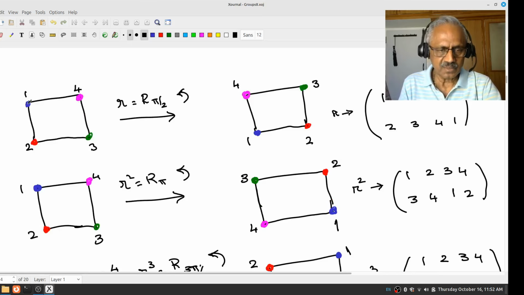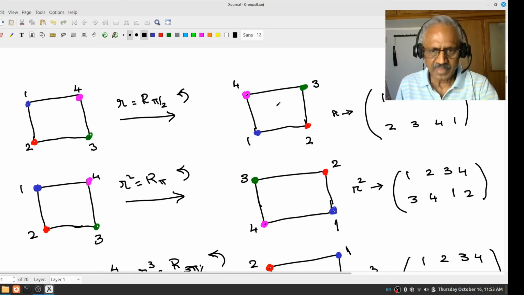Let us mark the vertices 1, 2, 3, 4. When I rotate anti-clockwise, 1 comes to 2, 2 goes to 3, 3 goes to 4. Do you see this? In terms of permutation, R corresponds to the permutation: 1 goes to 2, 2 goes to 3, 3 goes to 4, 4 goes to 1.